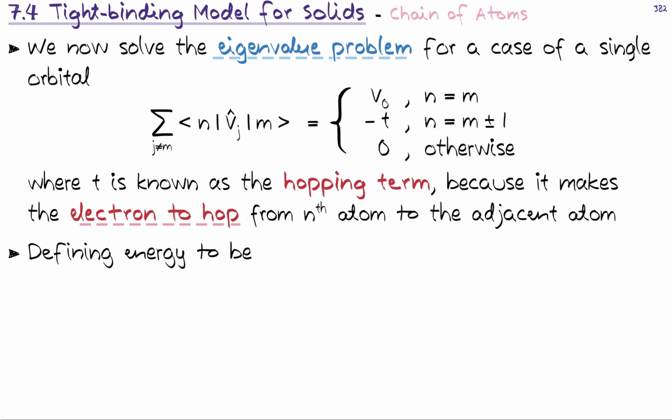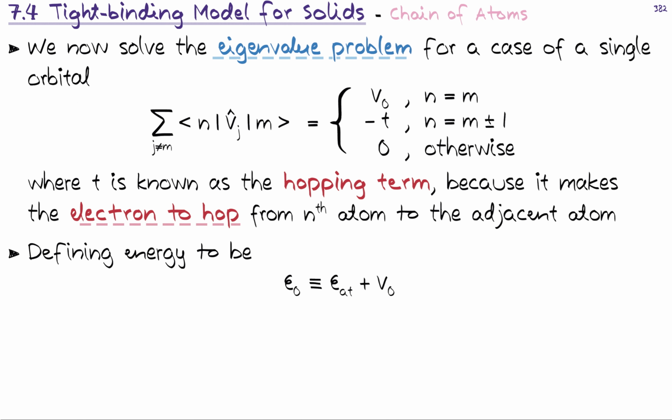And now we can define the total energy to be epsilon naught. This is the atomic energy associated with an individual atom's orbital, so please remember what we discussed in the previous lecture, plus this V naught term arising from the fact that we have a potential operator in addition operating on these states.